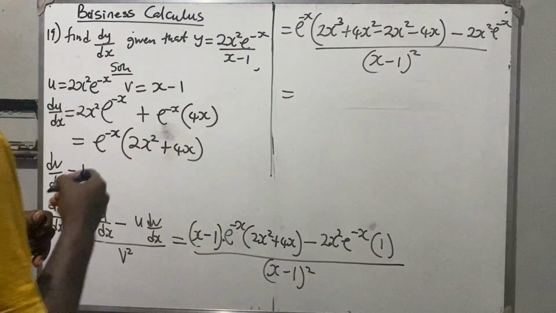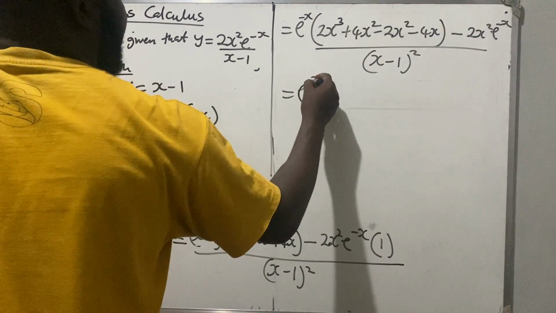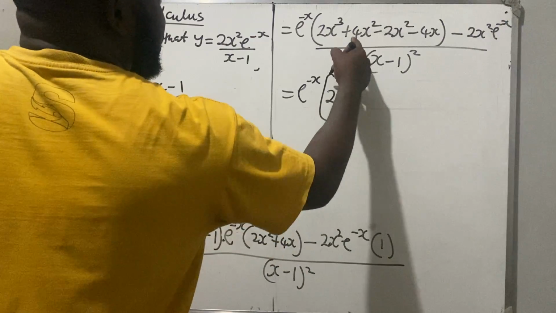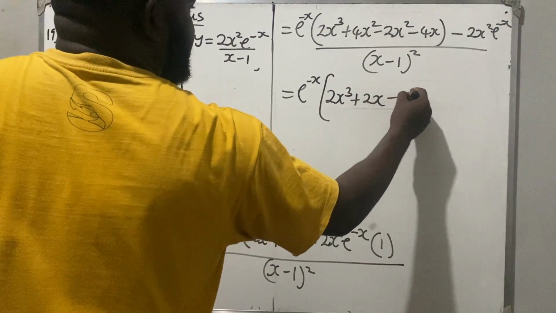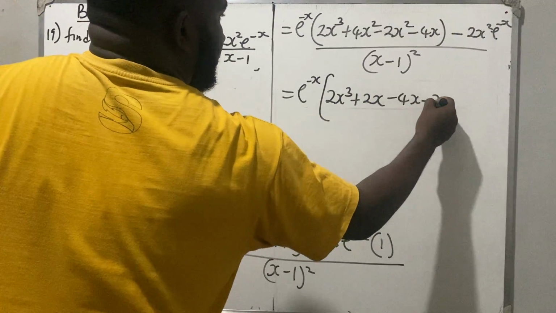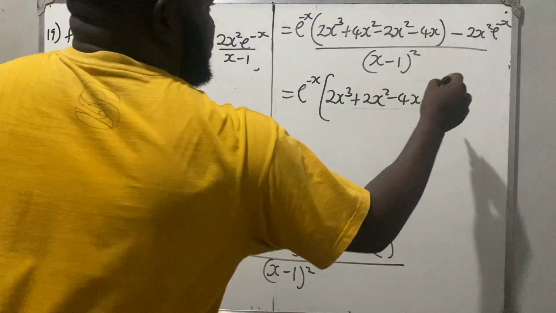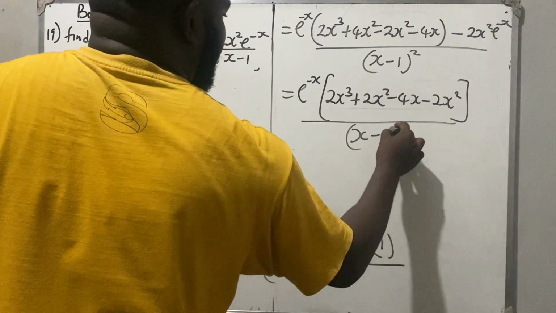Now, if you look at the both of them, they have exponential minus x in common. So if I bring out that exponential minus x, I am left with this one, 2x cubed. These two people will give me plus 2x, then minus 4x, then minus 2x squared. So there is squared here. Okay? So like this, then all over x minus 1 all squared.